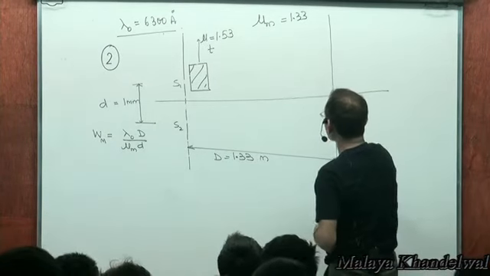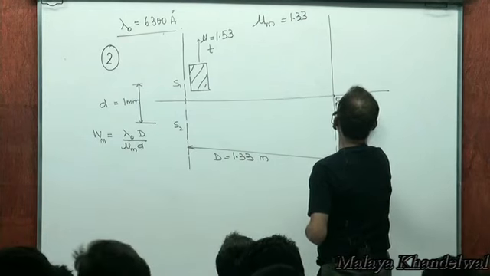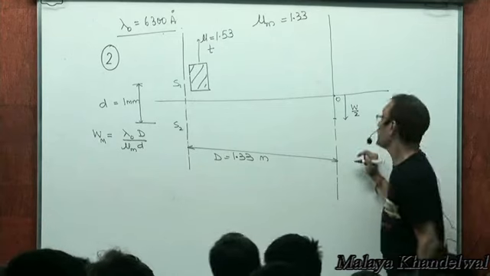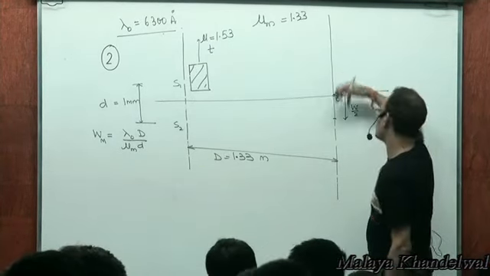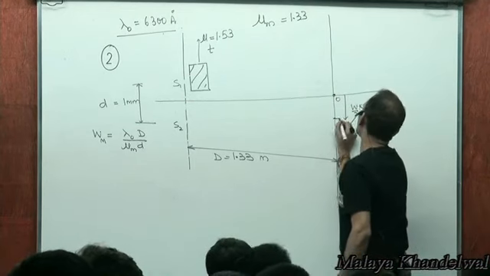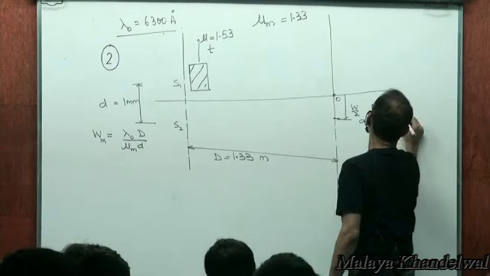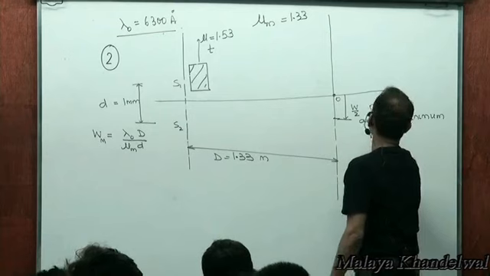And what is it that you're seeking? At a distance w by 2, half the fringe width, was a minimum. And you want this to come to this point. The entire fringe pattern would move up. So then, this adjacent minimum moves to O.